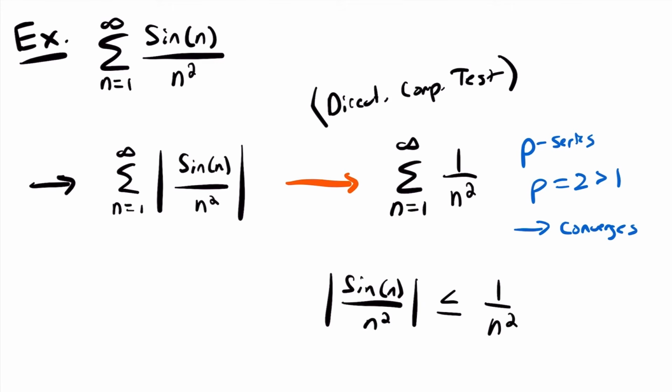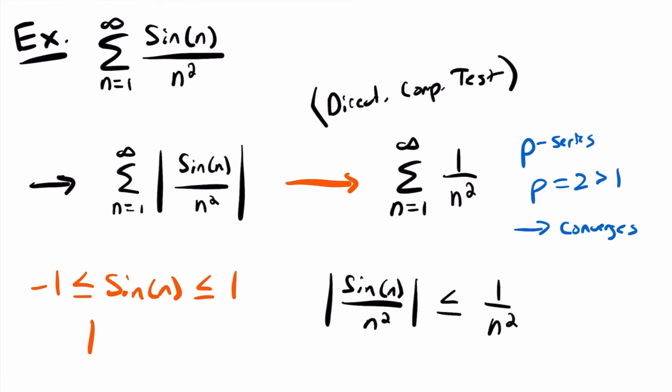And so we have the absolute value of sine of n and 1. Now remember, sine of n, or the sine function, is always going to output a value between -1 and +1. Sine of n is greater than or equal to -1, but less than or equal to +1. However, if we're looking at the absolute value of sine of n, then all of those negative values will become positive.